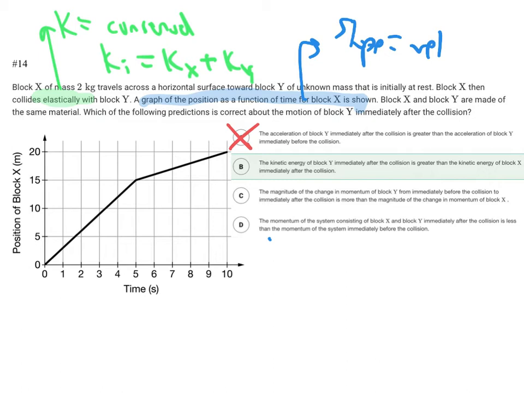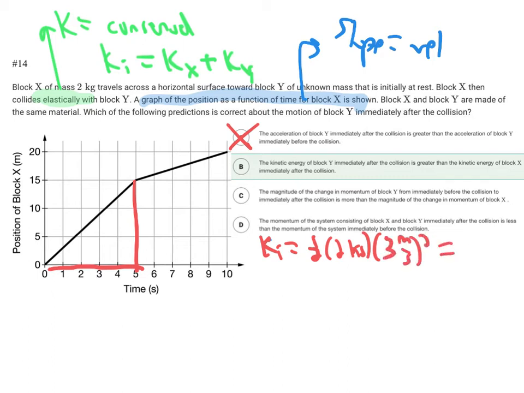Kinetic energy of block Y immediately after the collision is greater than the kinetic energy of block X immediately after the collision. All right, well then let's find those energies. So beforehand, we have 1/2 times the 2 kilograms times the slope of this thing. We have 15 meters in 5 seconds, which is 3 meters per second, quantity squared. That's 9 joules.